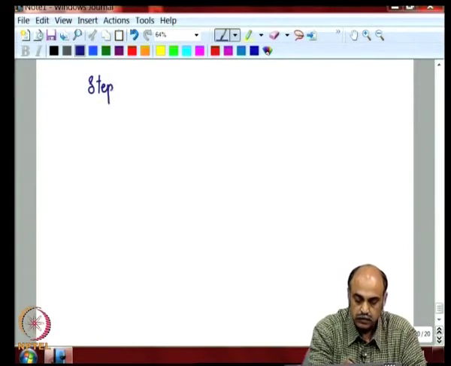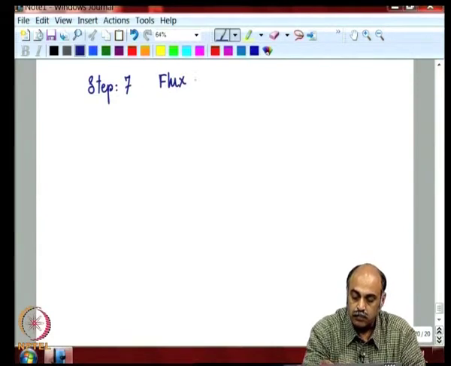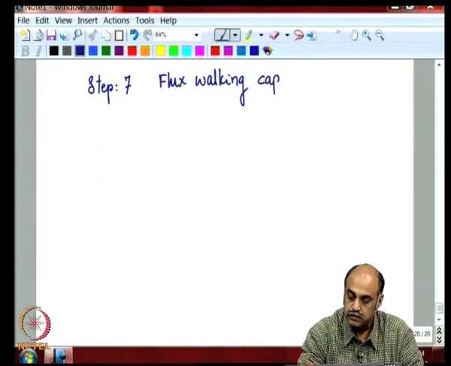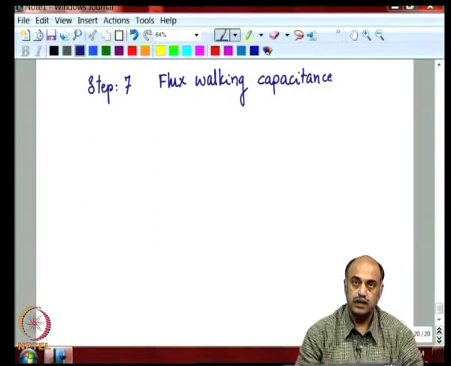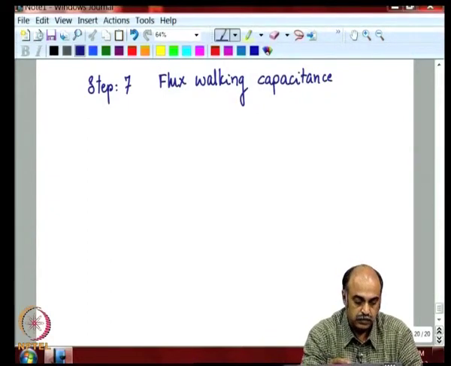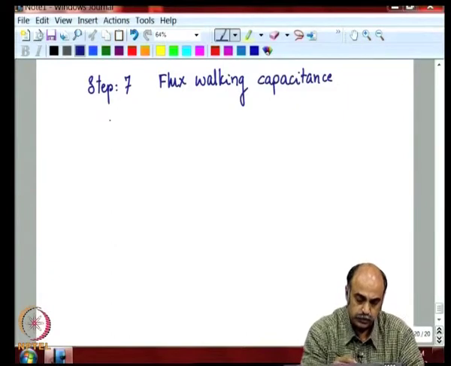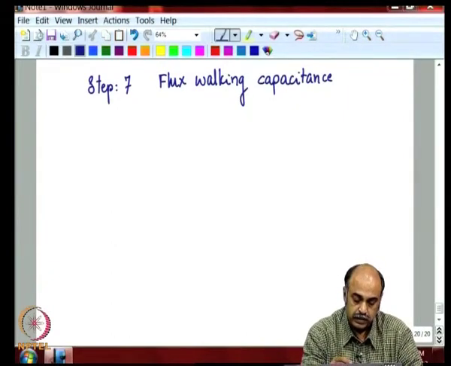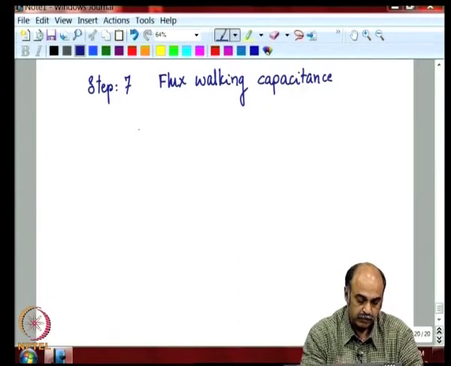Step 7, flux walking capacitance, which is the primary capacitance, the one in series with the winding to prevent the flux walking saturation that may happen due to the non-idealities and non-matching power semiconductor devices.